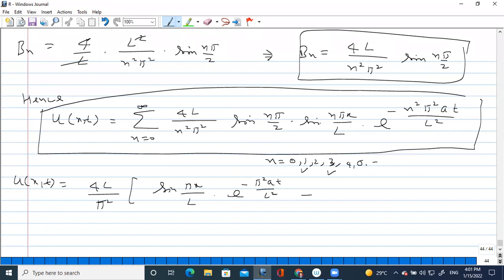If I am asking you the second term, for the second term you will write here 3. If you write here 3, so sine 3 pi by 2. Sine 3 pi by 2 is in which quadrant? 3 pi by 2.